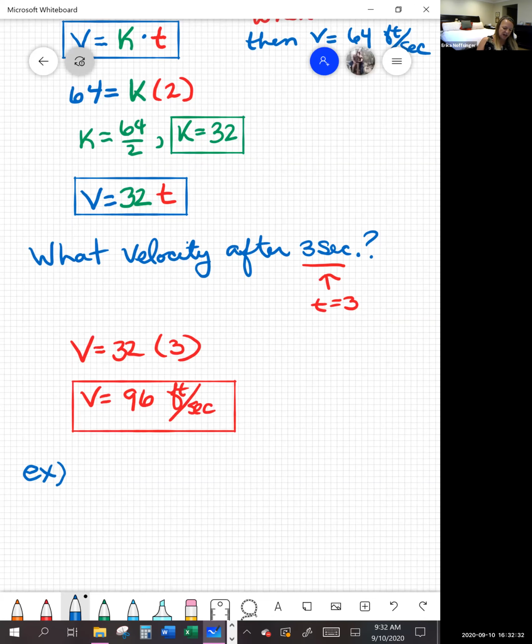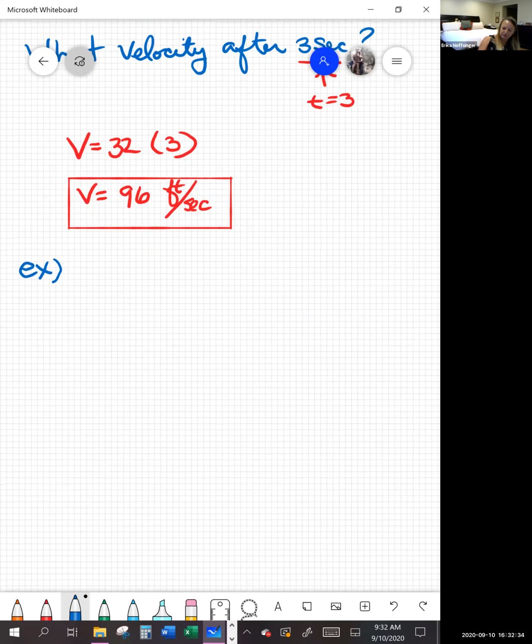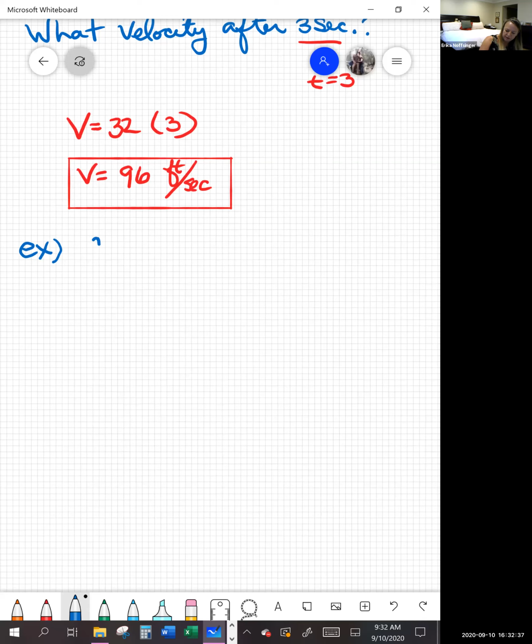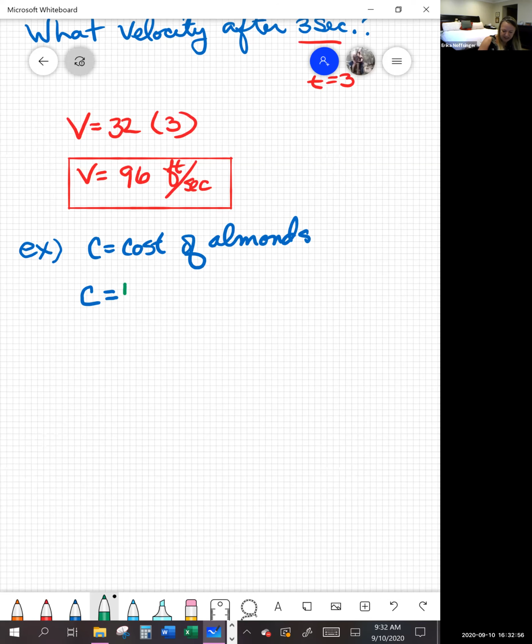Okay, so the cost C of roasted almonds, so C equals the cost of almonds. Varies directly. Okay, so right here it's starting to give me my equation. So C is equal to, varies directly, so I'm always having this K in here, with the number A of pounds of almonds purchased.